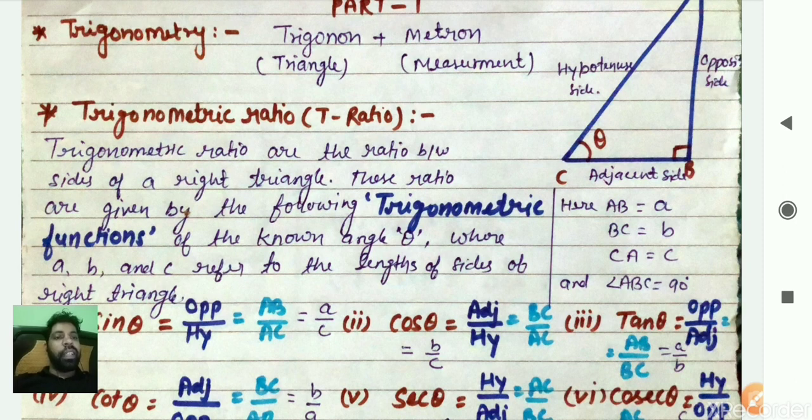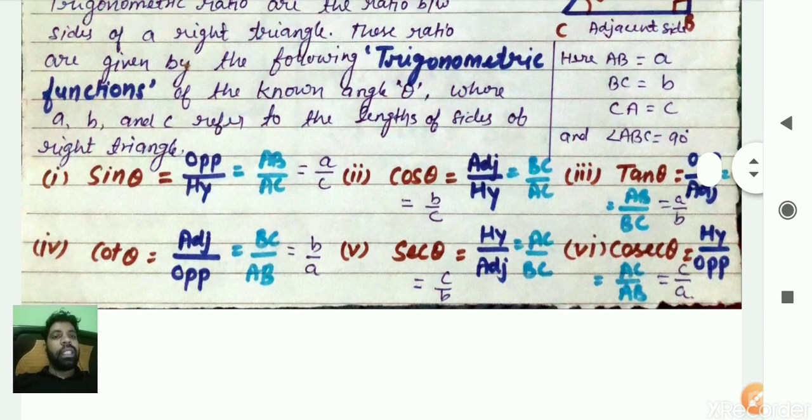In terms of their lengths it can be written as b by c. And similarly, tan theta can be written as the ratio of the opposite side to the adjacent side, which can be written as a by b. Now similarly, cot theta is equal to the adjacent side to the opposite side, which is equal to BC by AB, that is equal to b by a.